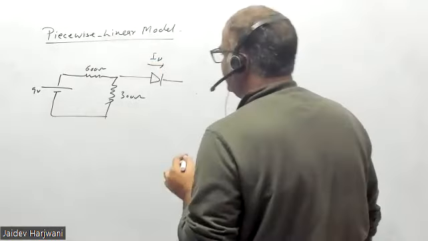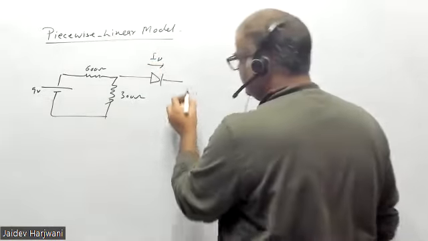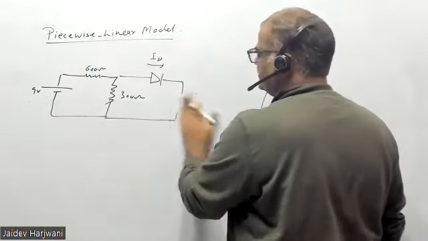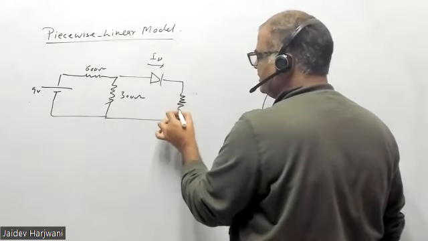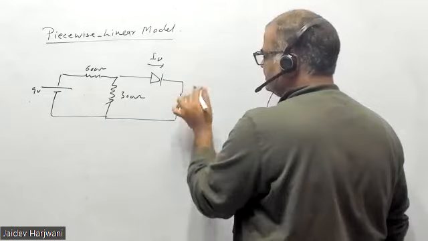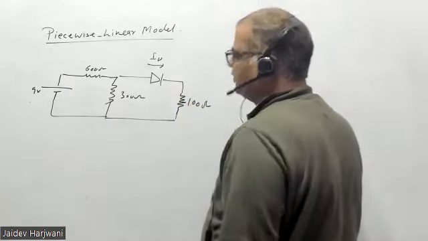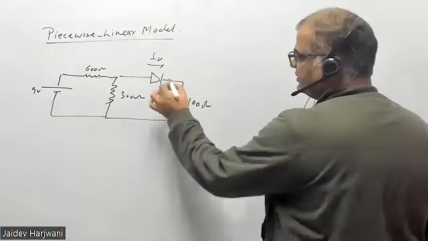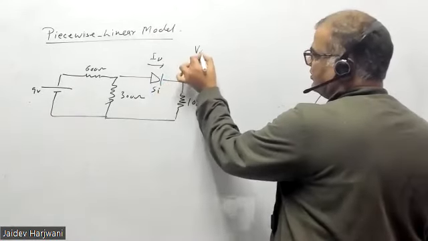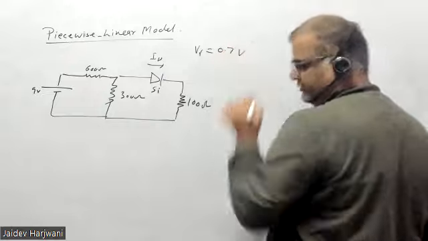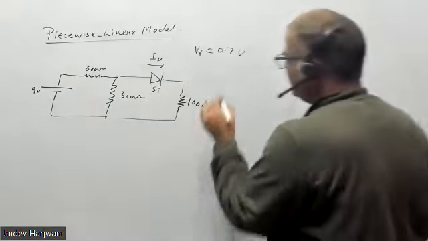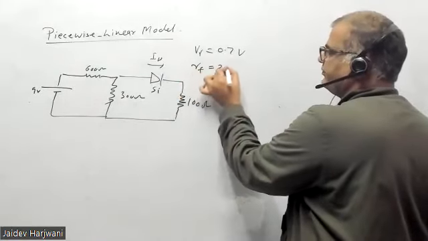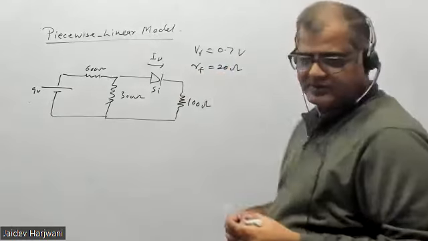And here you have one more 100 ohm resistance. I'm using the same question, only the model has been changed. For this one they have given you V gamma, a silicon diode. So your cutoff voltage is 0.7 volt, and RF is again given as 20 ohm. So this is the question.